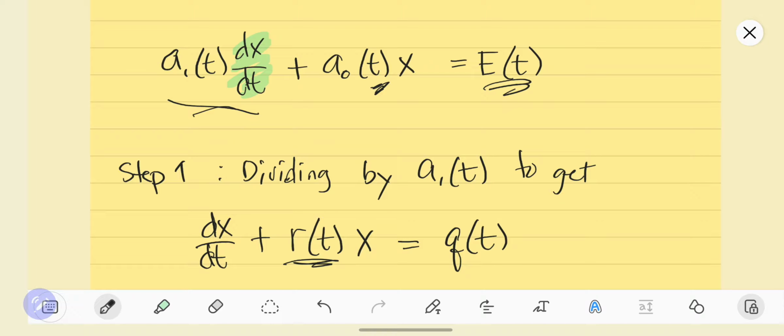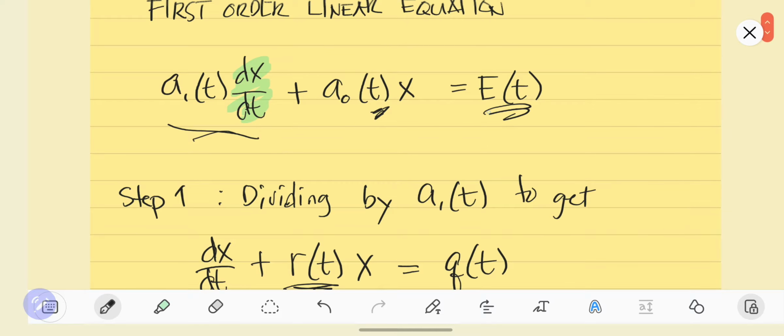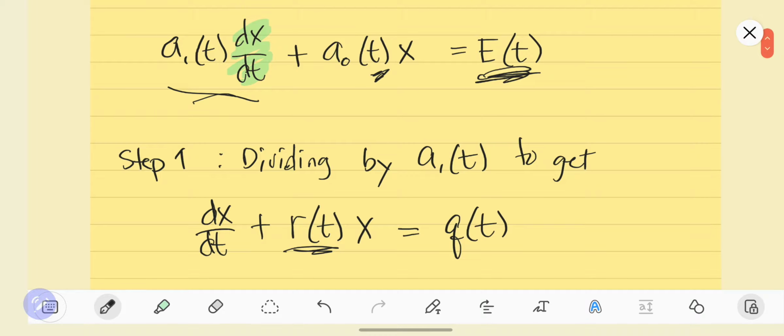And q of t is the one that you get when dividing e of t by a sub 1.